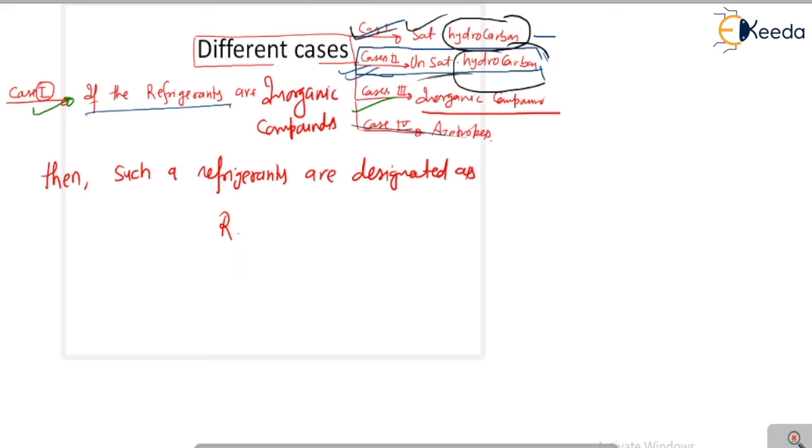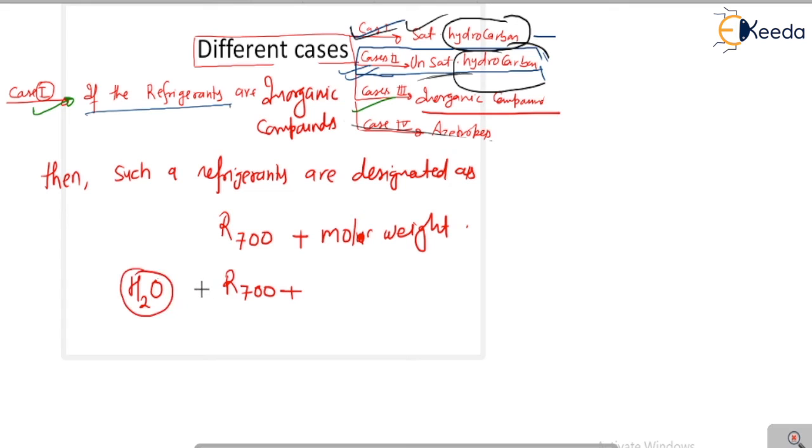R, suppose R700 plus molecular weight. That means if we want to write for water, first of all we have to write this value 700, and in addition to this the molecular weight of water.